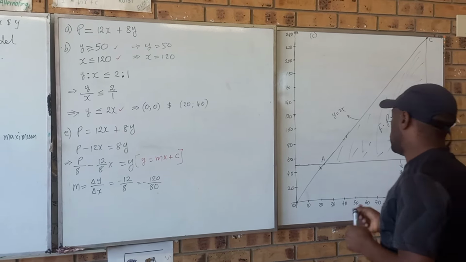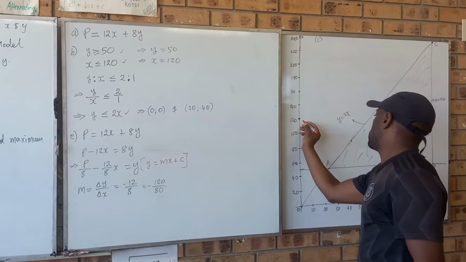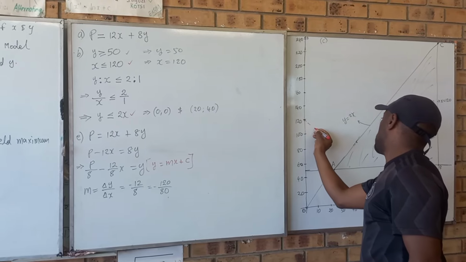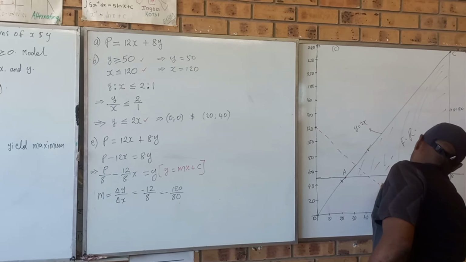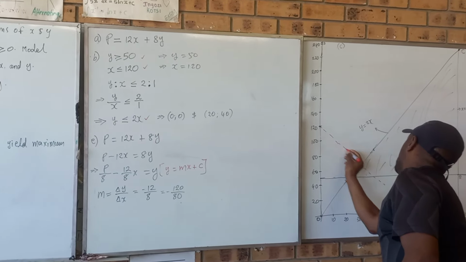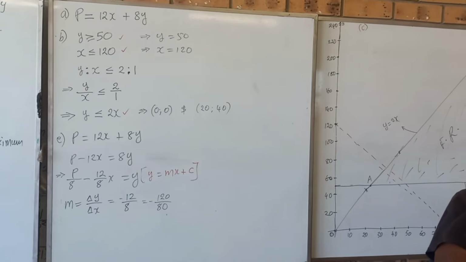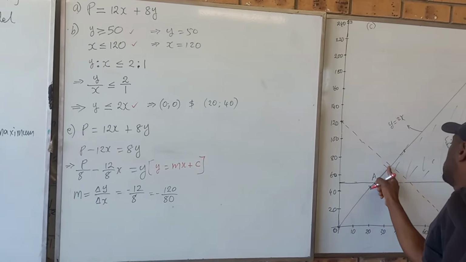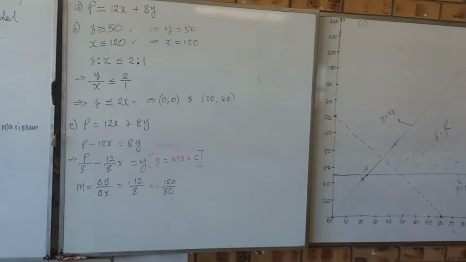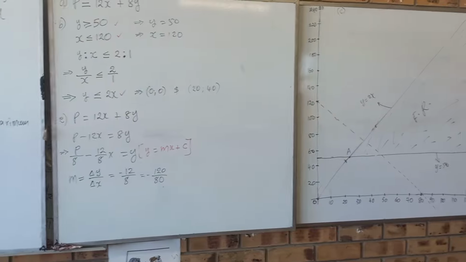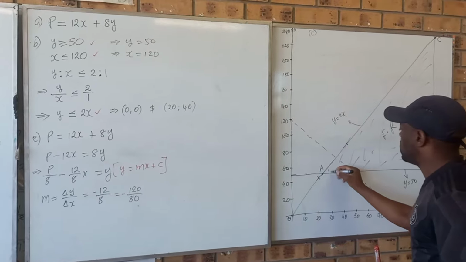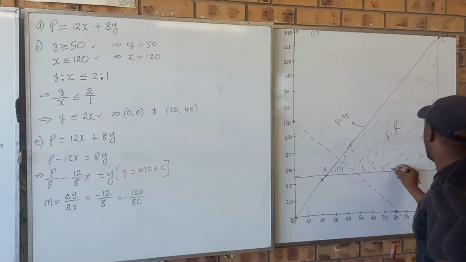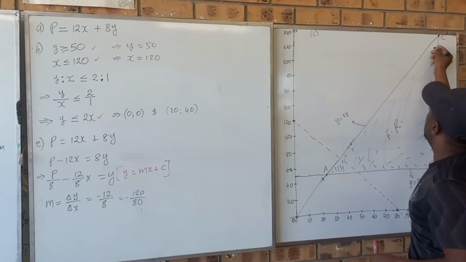So I will use a different color. The search line is a straight line, and to make it look different from others, we always advise candidates to use a broken line. Unfortunately, I don't have a ruler, but I guess I'm getting it right. So that's how I get my search line. For better interpretation, it's always preferable to use more than one search line in order to get the story right.